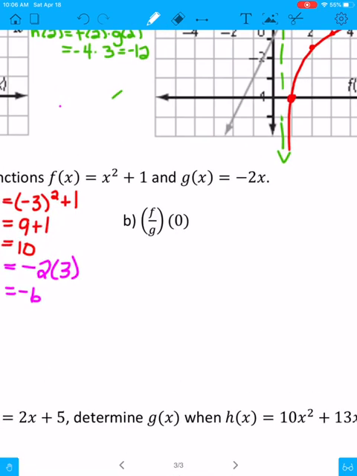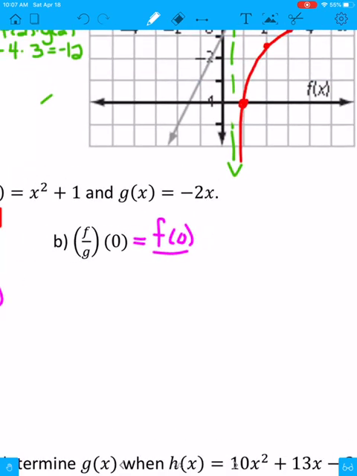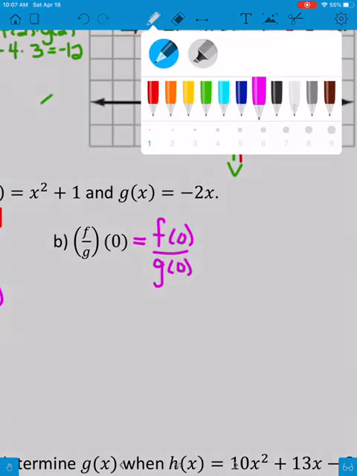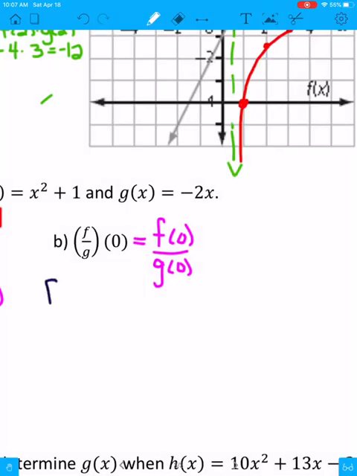Okay, then I have f over g of 0, which I'm going to rewrite as f of 0 divided by g of 0. And then below I'm going to find f of 0. F of 0 equals x squared plus 1, so 0 squared plus 1. 0 squared is 0, plus 1 is 1.